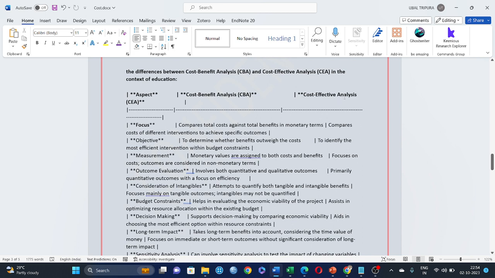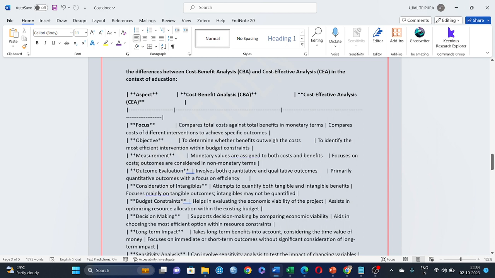You are not seeing how much is the benefit. You are seeing the effect of that intervention, measured in non-monetary terms. Okay, so here you understood cost benefit and cost effective analysis somehow.